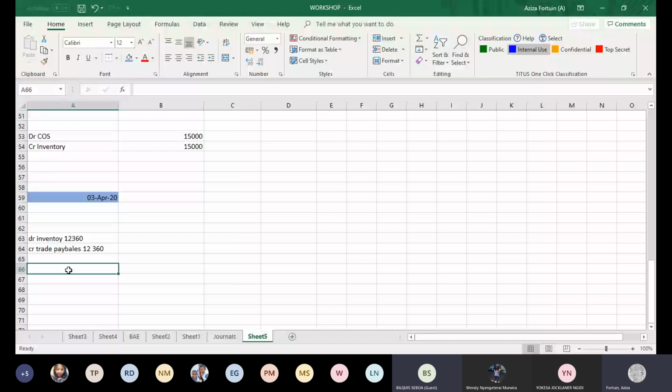Aziza, yes? It is the 1250 you take away from the 1,500, which was the opening balance. And then you times by 150 because it's still part of that 1,500. Everybody get what was said?